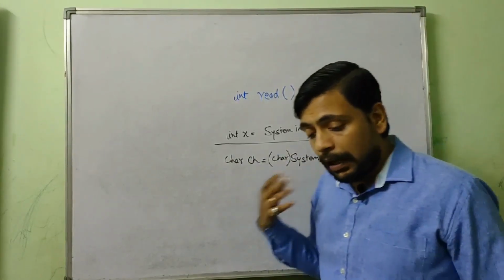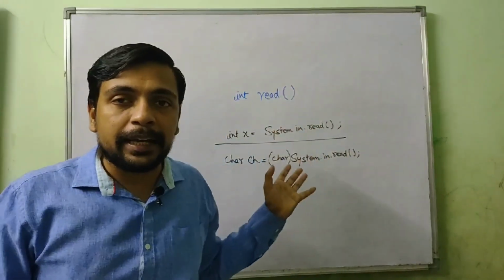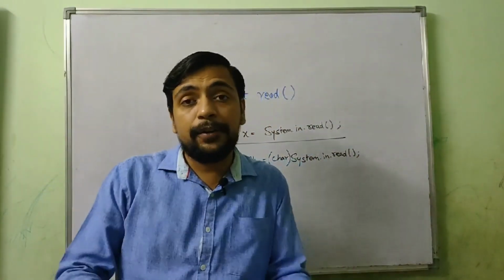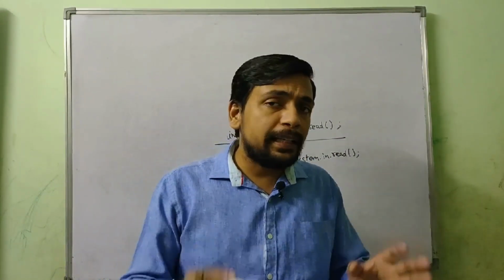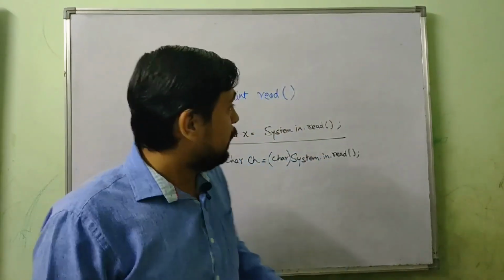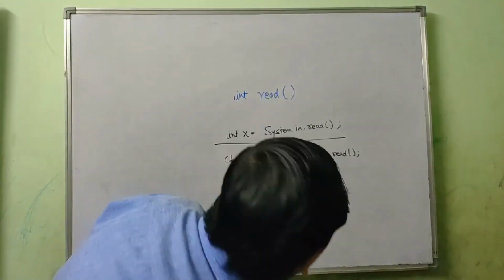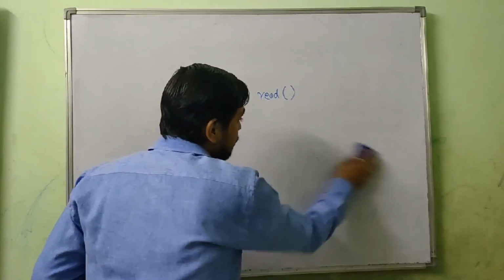Now of course you might not have seen such a way to take a character before this, and if you have, then good. Let's see, is there any other way to do this? Actually Java provides us a class known as InputStreamReader class.